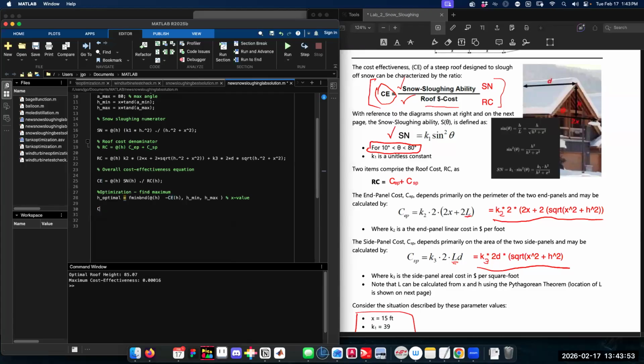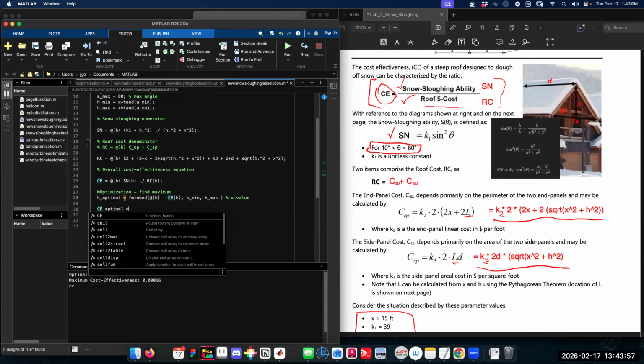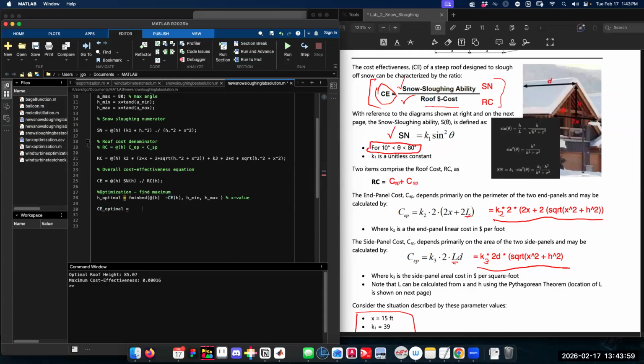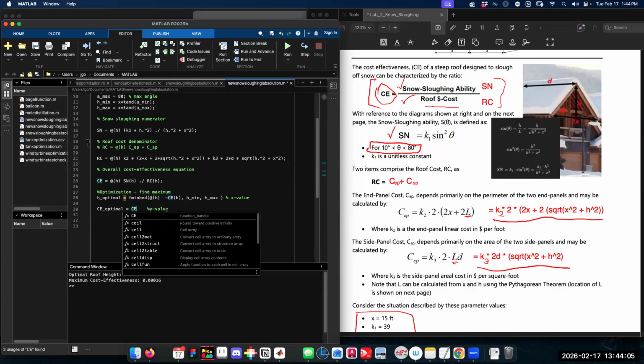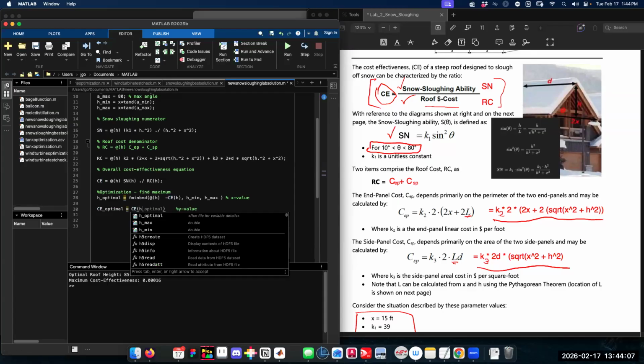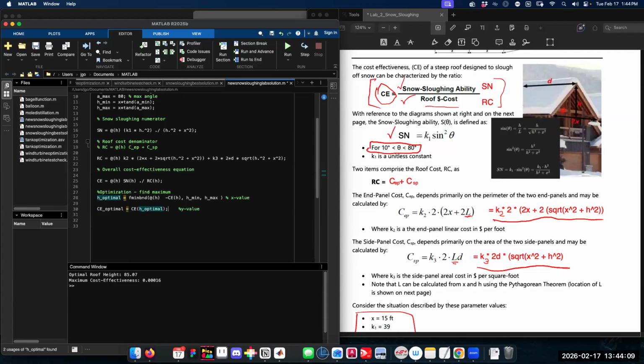So we'll call this CE optimal, and this will be the y value. And we use the original function CE, then plug in the H optimal. So we got the optimal x value, and now we need to get the y value back.